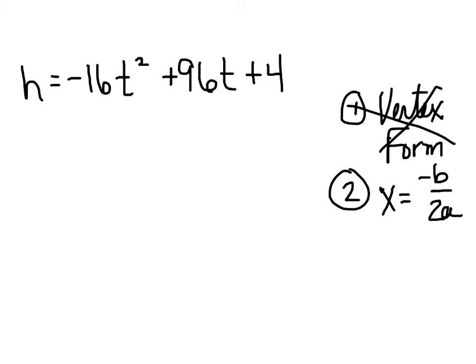Negative 16. Does negative 16 reduce into 4 evenly? No, you've got fractions going on. And more than likely, when you do it in vertex form, you're going to miss a part, and then it's going to be all sorts of wrong. So if you want to save yourself some time and a big headache, don't use vertex form.